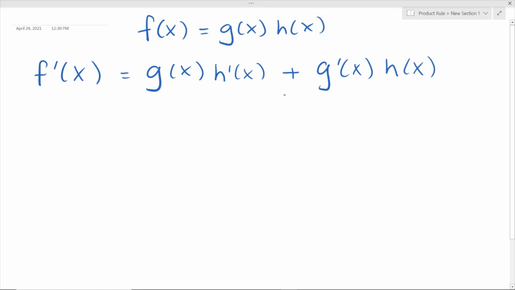So essentially we have the first function times the derivative of the other one, and then the derivative of the first function times the other one.